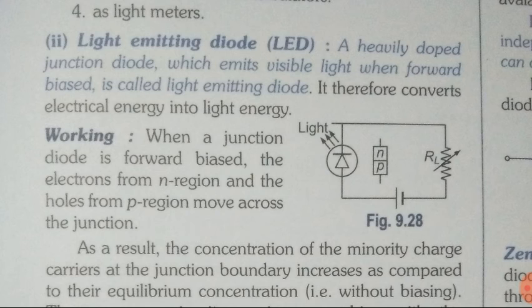So when we connect it to forward bias, it emits light. We can say that this diode converts electrical energy into light energy, because we are giving it current and the diode converts that current into light.